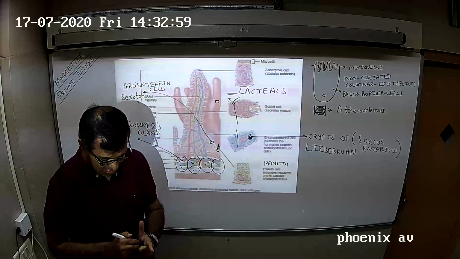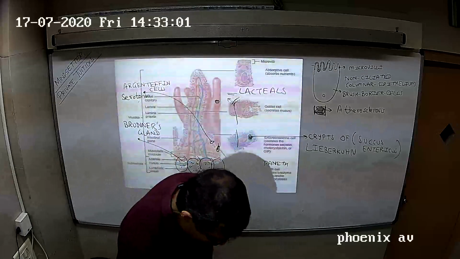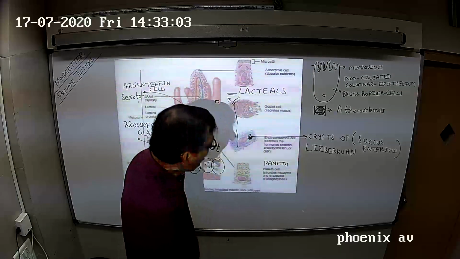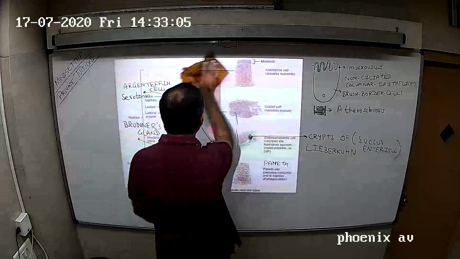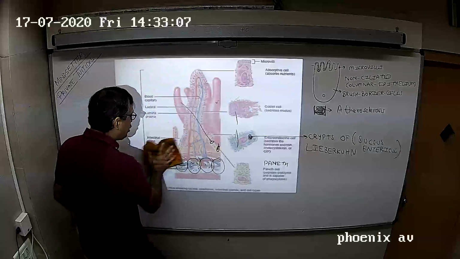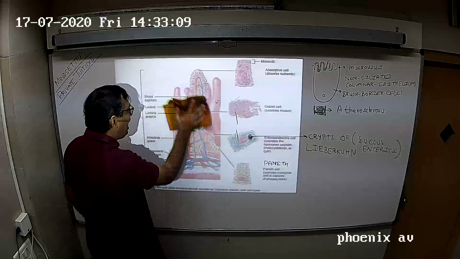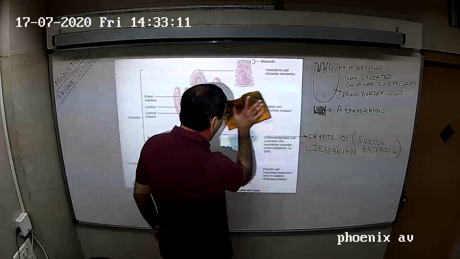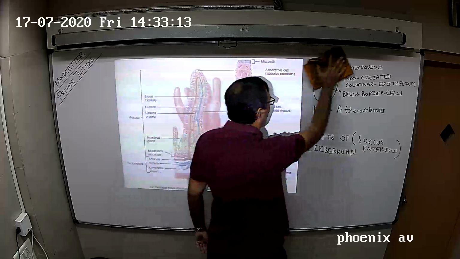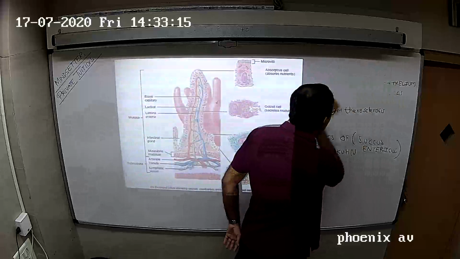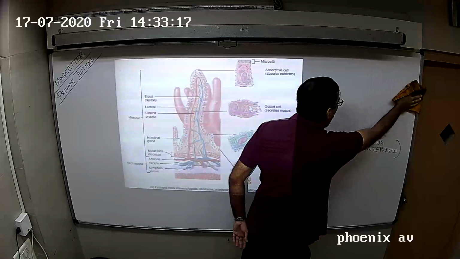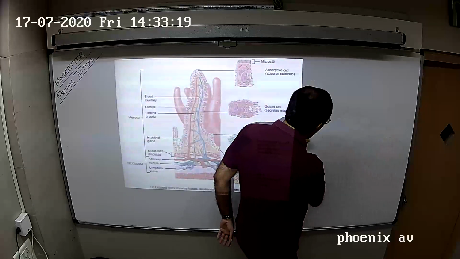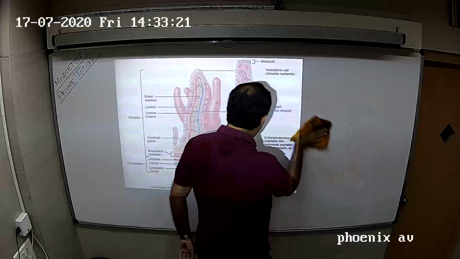So this was the histology of the intestine, and with this we have today done the histology of the stomach and the histology of the intestine, and we ended today with a very nice logic. Last lecture we had ended with a beautiful logic called as the concept of root canal treatment.